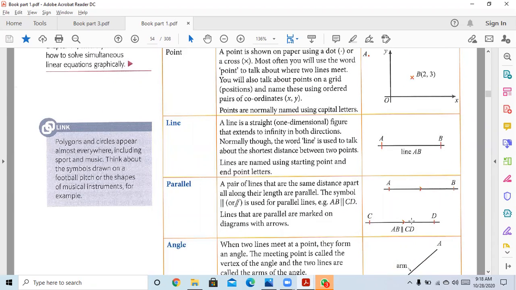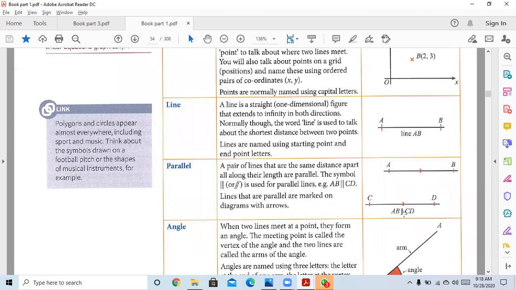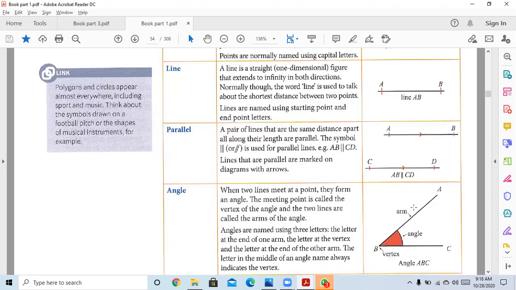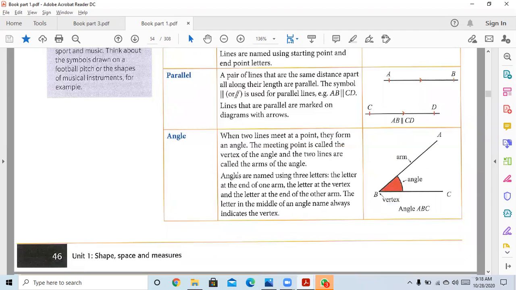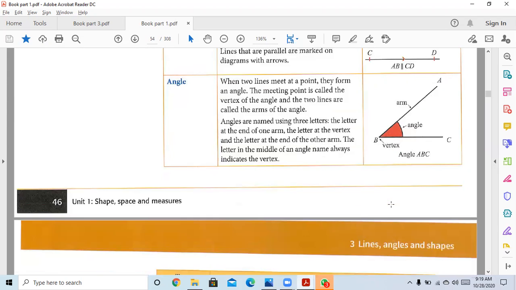Here we also have these two lines, which are called parallel lines, and we denote them like this. Here is AB and here is CD, both have the same length, and it looks like a parallelogram. Now here is the angle. When you are finding an angle, you can easily find it with the help of a protractor.